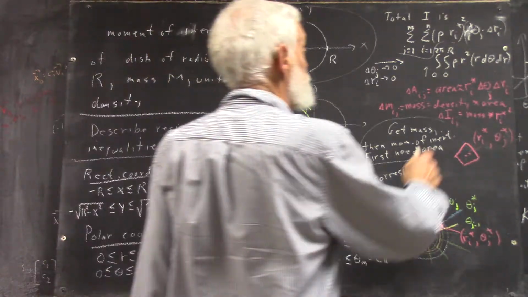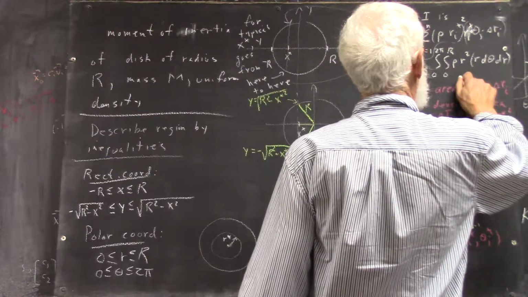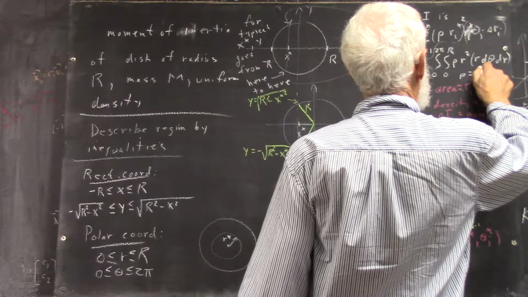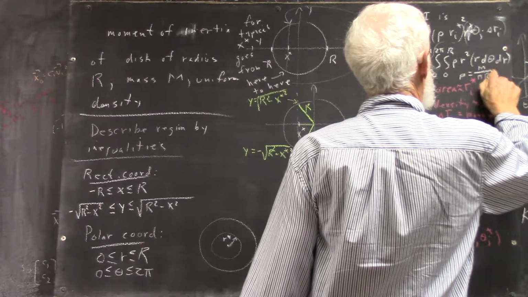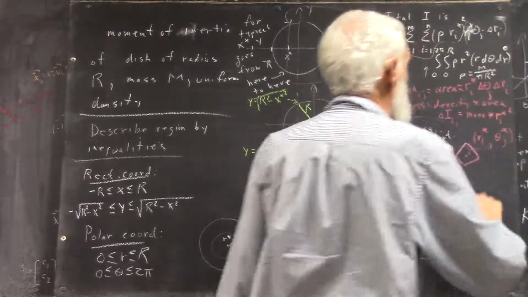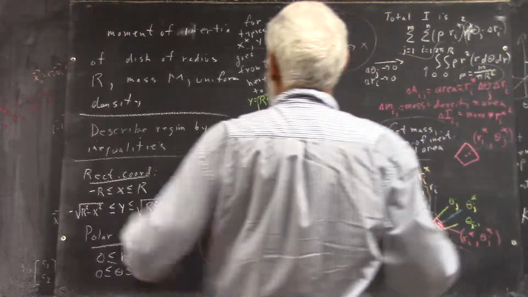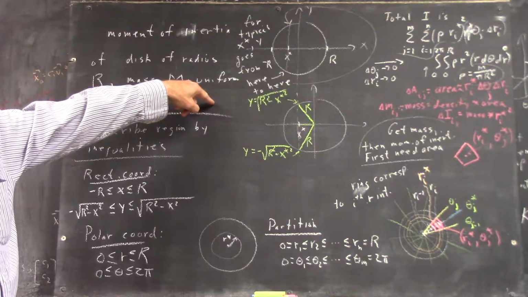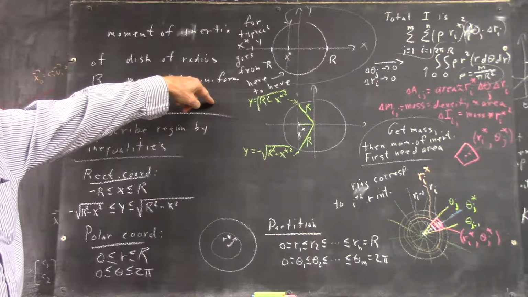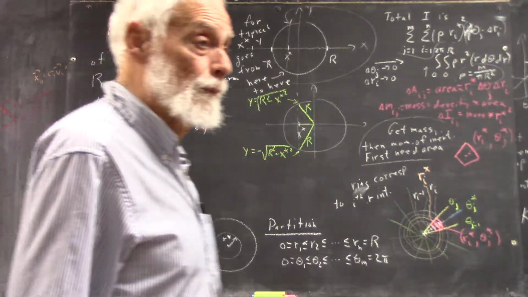And rho equals m over pi R squared, mass divided by area, because the density is uniform. So if you'd go ahead and put R in there.